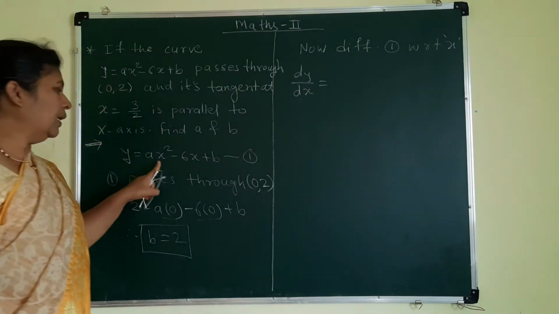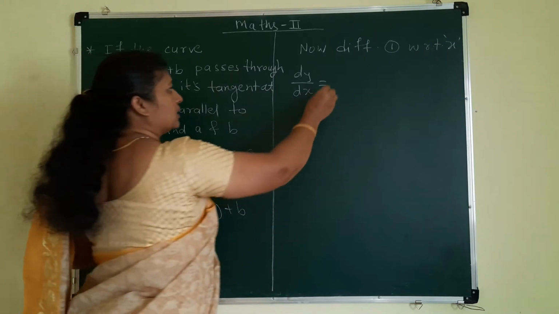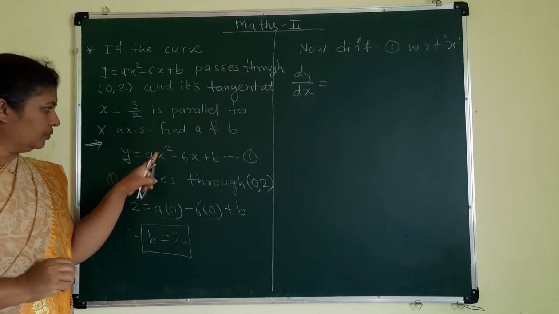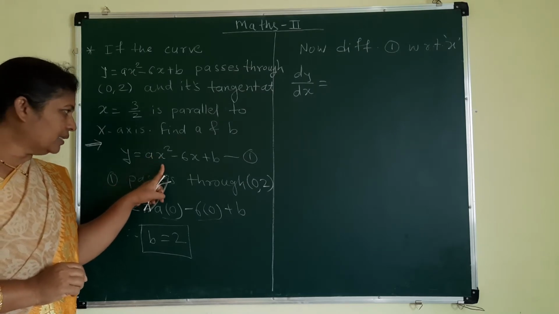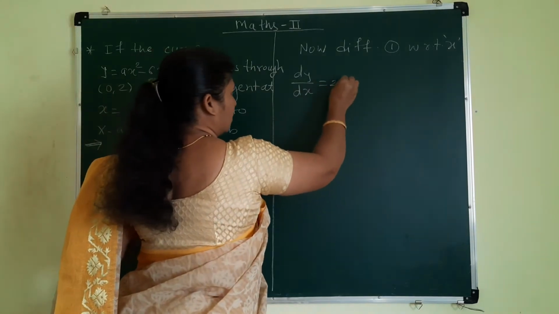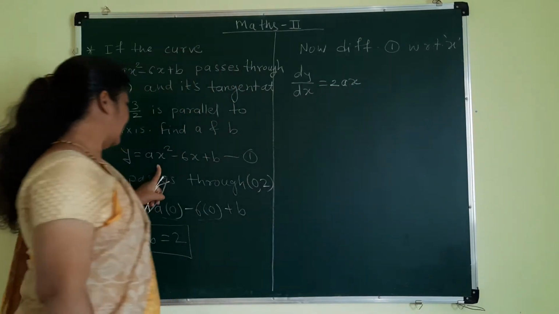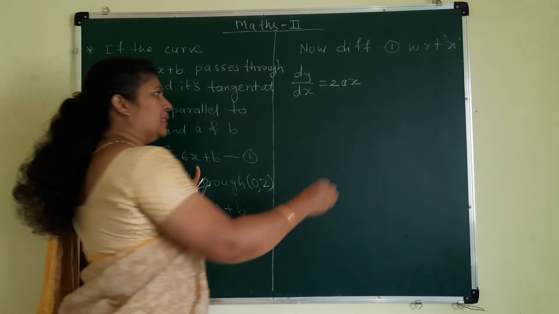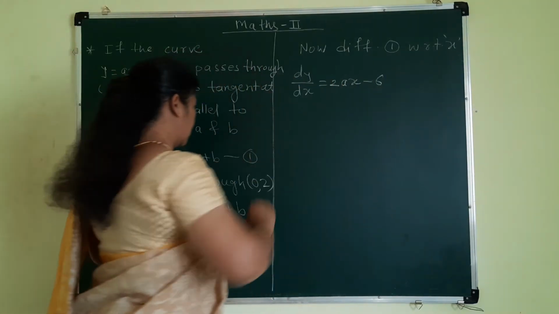equal to ax square, its derivative with respect to x. Look at this, a is a constant coefficient, x square. So what is the derivative of x square? It is 2 into x. So it is 2ax minus 6 into x. The derivative of x is 1, so there is minus 6 only.